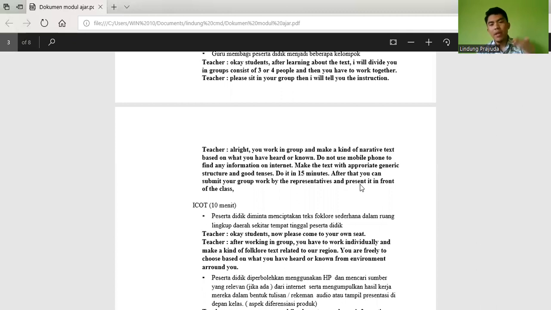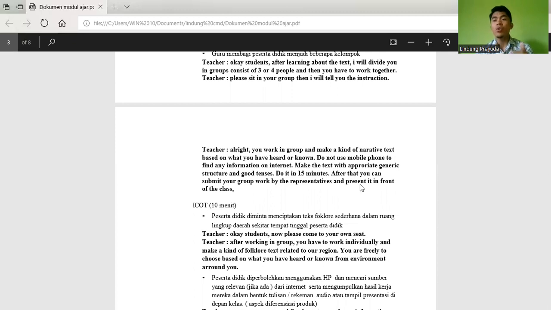But in the previous phase, JCOT, they are not allowed to use mobile phones to search for information about a story. It depends only on what they have heard and known in the previous lesson.